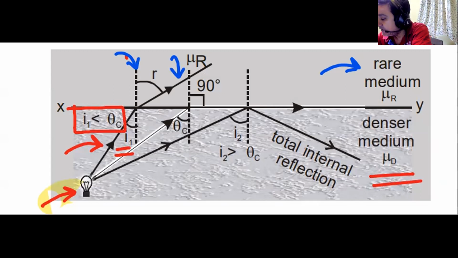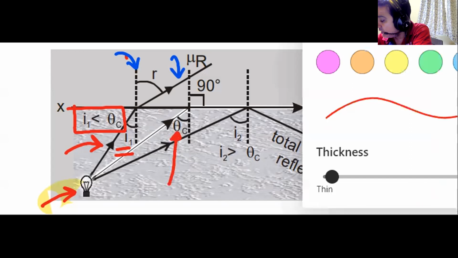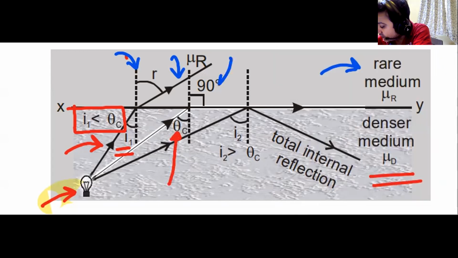Now what happens is that at one particular angle, where the angle of incidence is critical angle theta c or IC, the angle of refraction, the blue one, becomes 90 degrees. Do we see this? So the blue ray will just go like this. Do we understand this? Yes, sir. This angle where the angle of refraction becomes 90 degrees is known as critical angle. Will you remember this? Yes, sir.